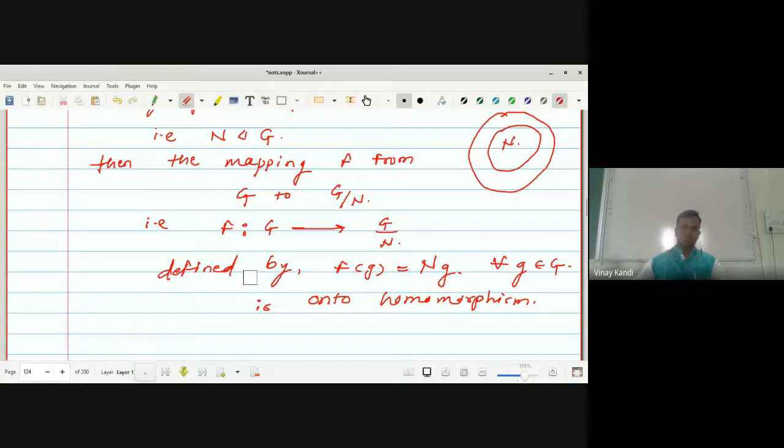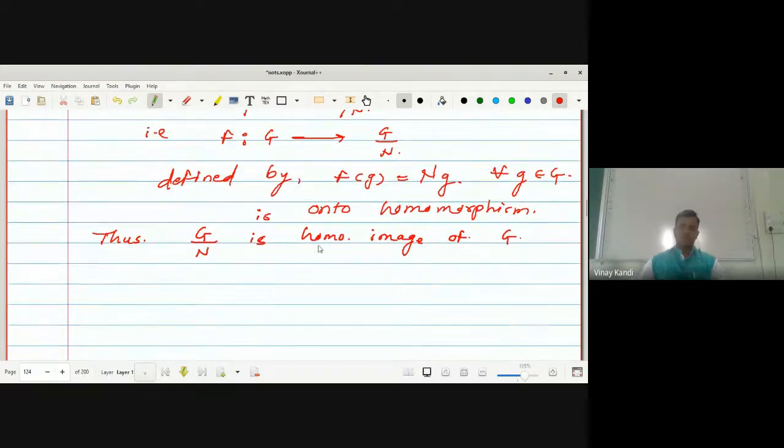So this is an onto homomorphism. Thus G by N is the homomorphic image of G. Is it correct? Yes, sir. G by N is the homomorphic image of G. Hence here G is solvable, which is given to us.